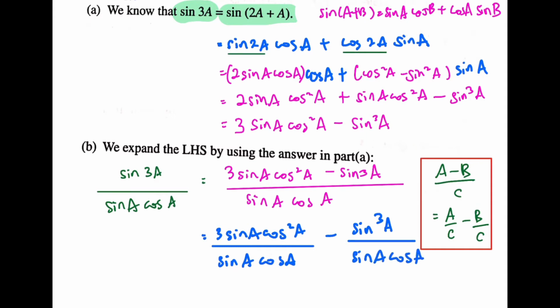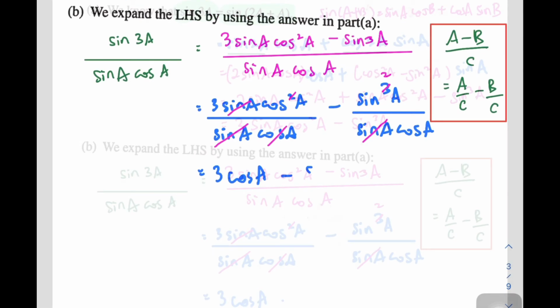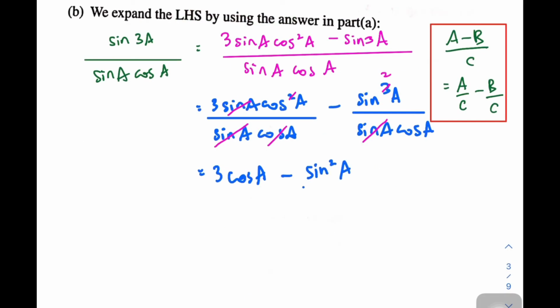Now let's cancel out sine A with sine A and cancel out cos A in your first term. So the first term becomes 3 cos A. How about the second term? For the second term, you can cancel out one of the sine here. So you are left with minus sine squared A over cos A.